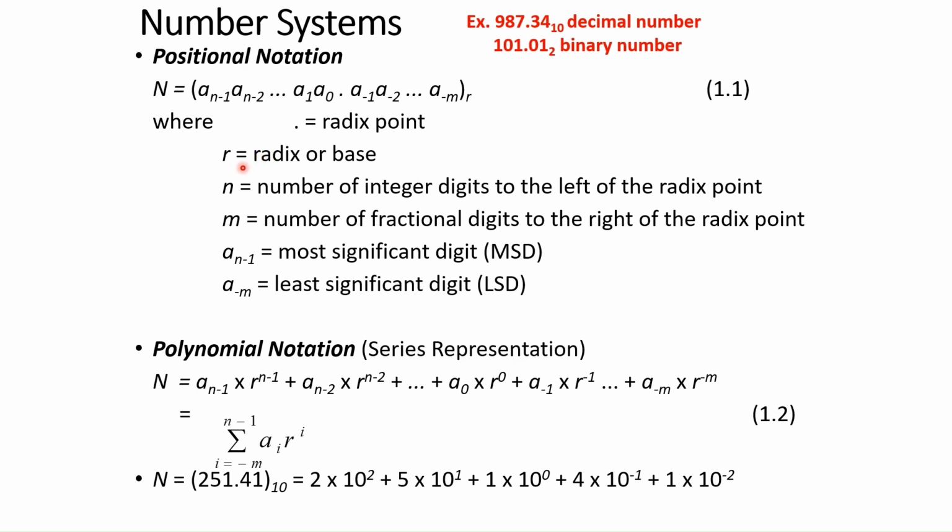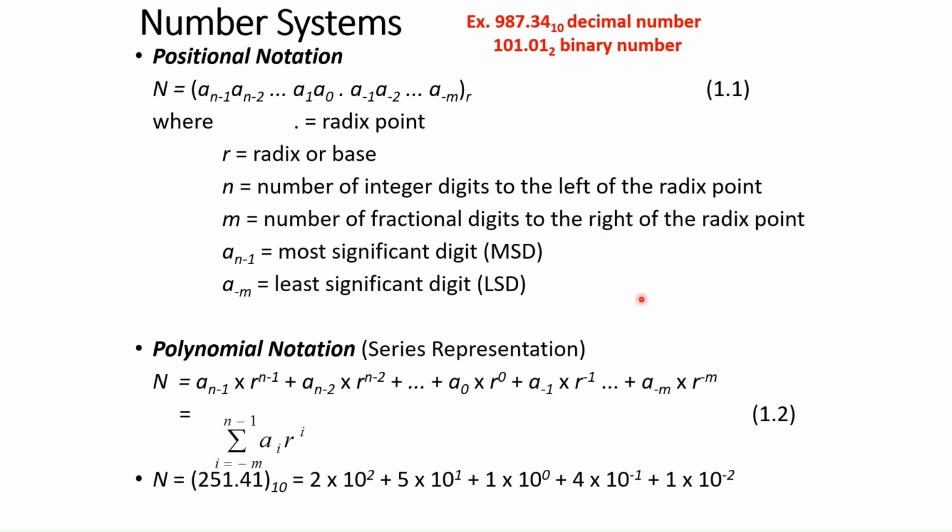Now we already know r is the radix or the base of the number, n is the number of integer digits to the left of the radix point in the integer part, and m is the number of fractional digits. a with a subscript n minus 1 is the most significant digit, and a minus m is the least significant digit.